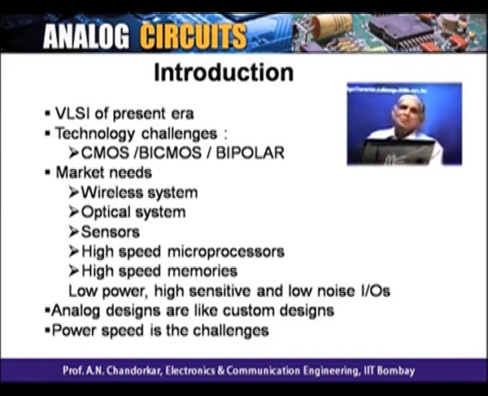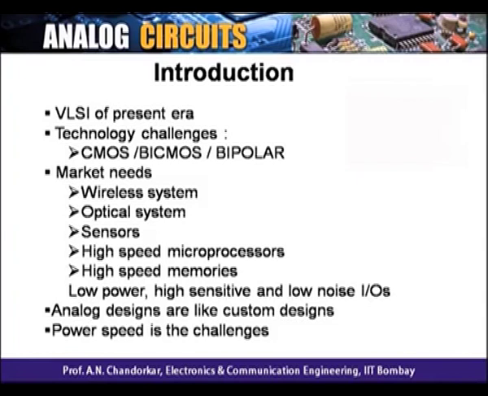The word custom means, in VLSI there are two kinds of designs we do. One is called semi-custom, the other is called custom. Custom essentially relates to the customer. So the customer says I want these specs, and you meet them. So obviously you have satisfied a customer, who is paying good money for it.